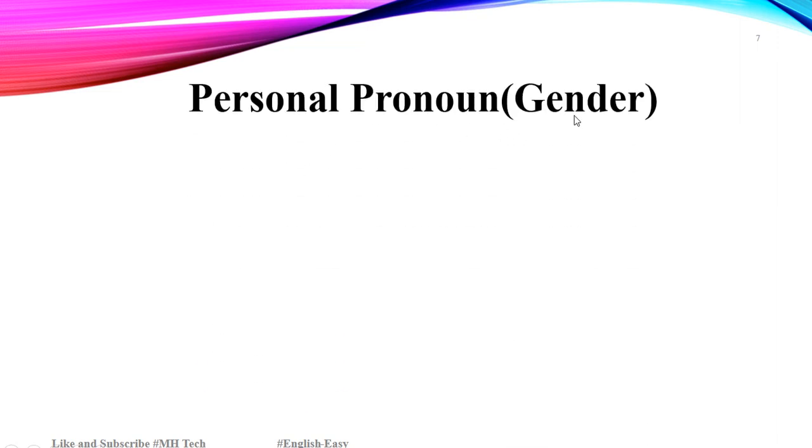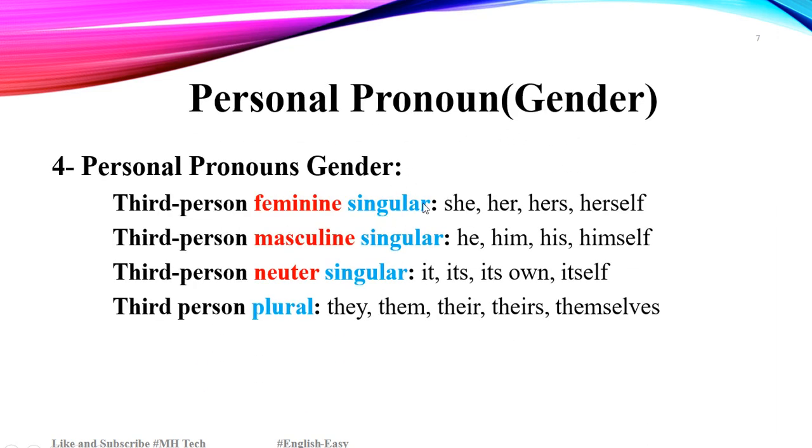We have personal pronoun gender. The gender is in 3 genders we studied before on the chart in the previous slide: feminine, masculine, and neuter. These 3 genders we studied before, and we have a singular and plural form of this third person. The third person singular feminine is she, her, hers, and herself.